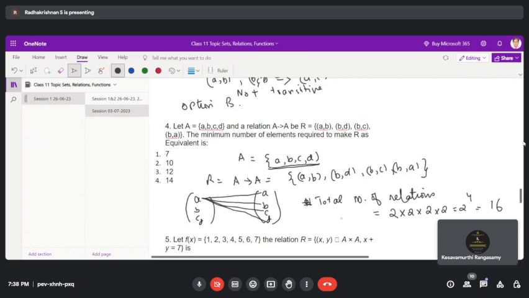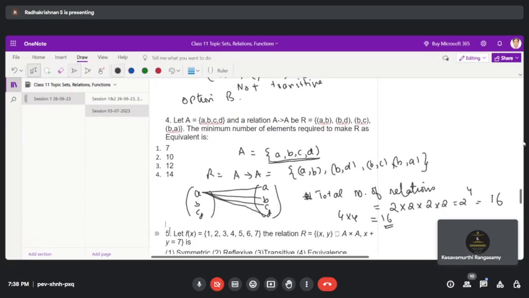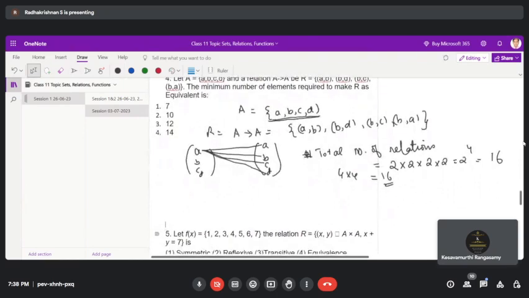You can look at it as 4 into 4, which is 16. So there will be totally 16 elements that can be formed. Those 16 need to be there for the relation to be equivalent. But there are only 4 elements, so you need to add the remaining 12 elements.